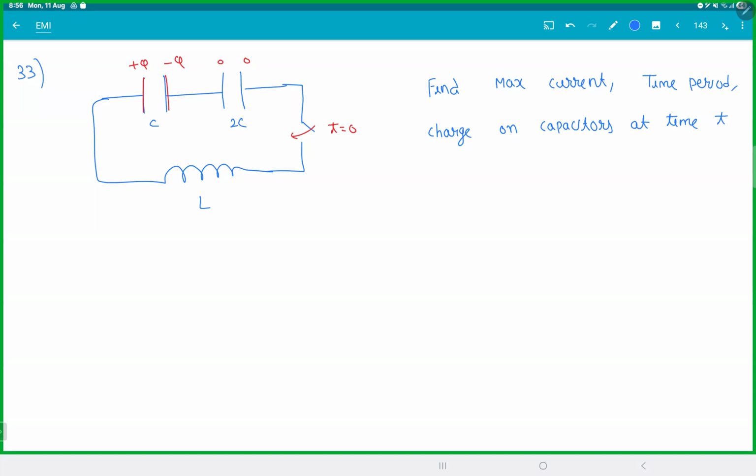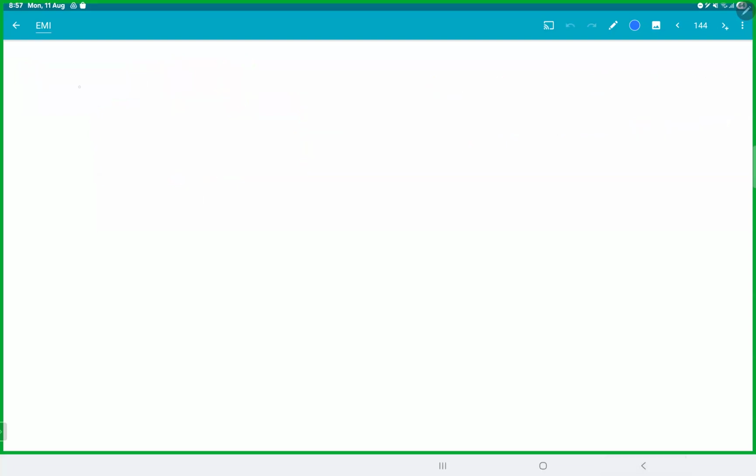How do we approach this? Same story. Always start with the intermediate stage.